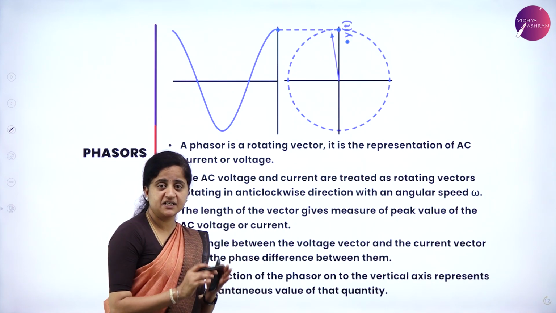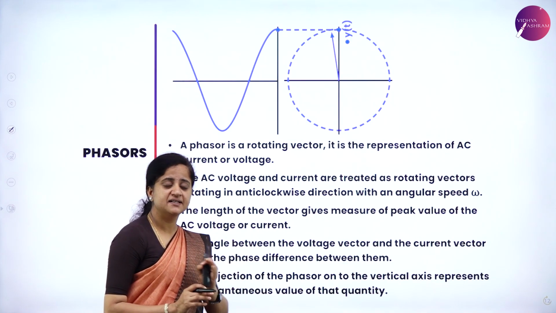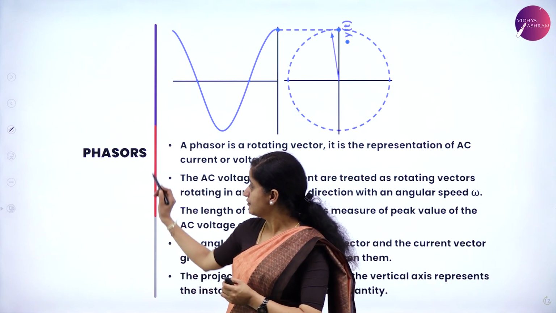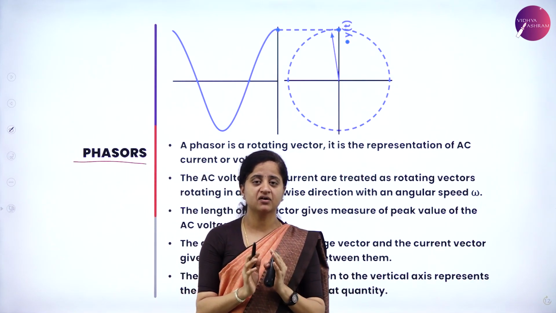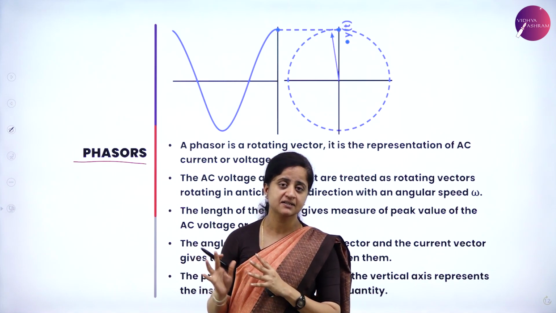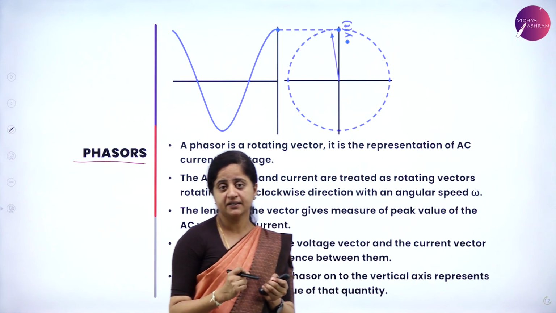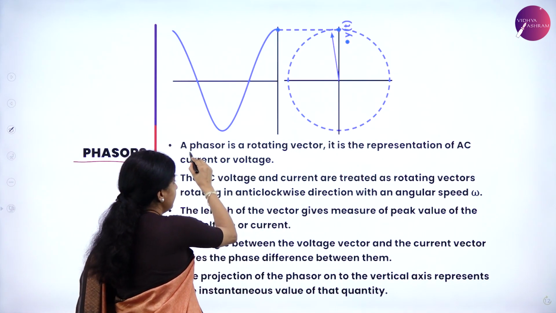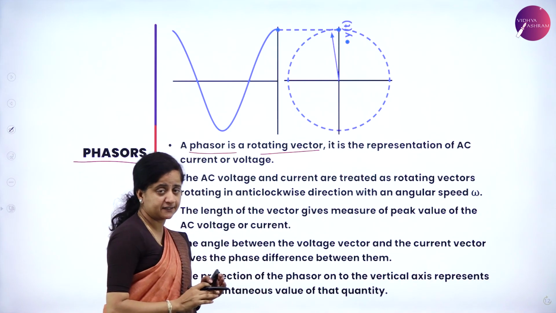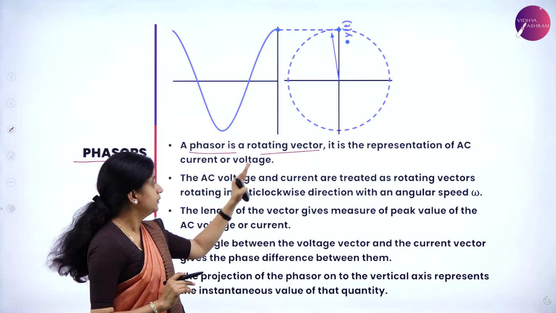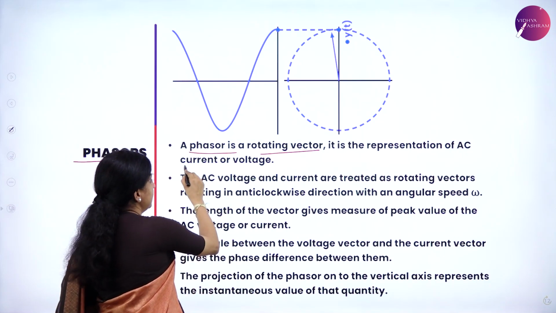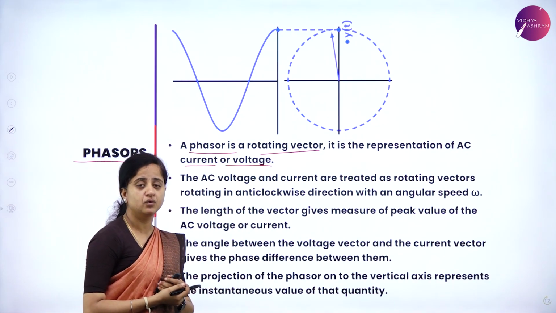A very interesting and important concept to understand in the study of alternating current is phasors. We have come across the word phase, but phasors are new to us. What is the meaning of phasor? A phasor is a rotating vector. It is basically a vector which is the representation of AC current or voltage.